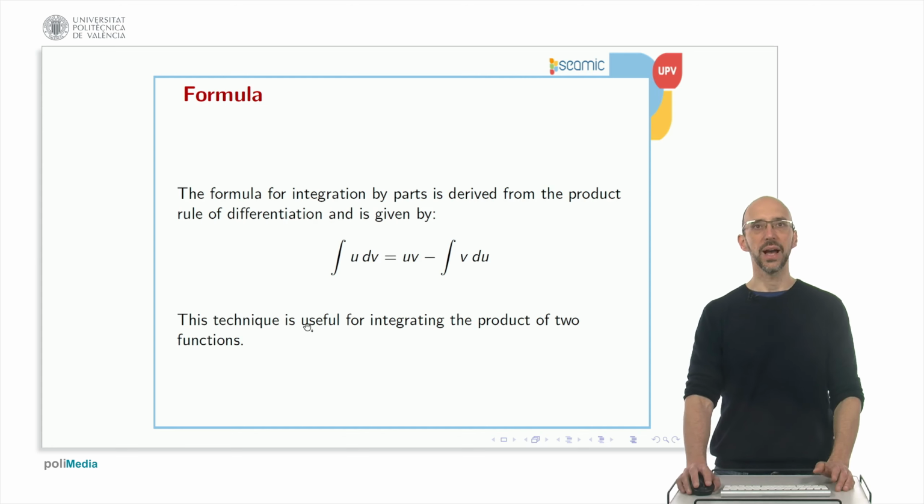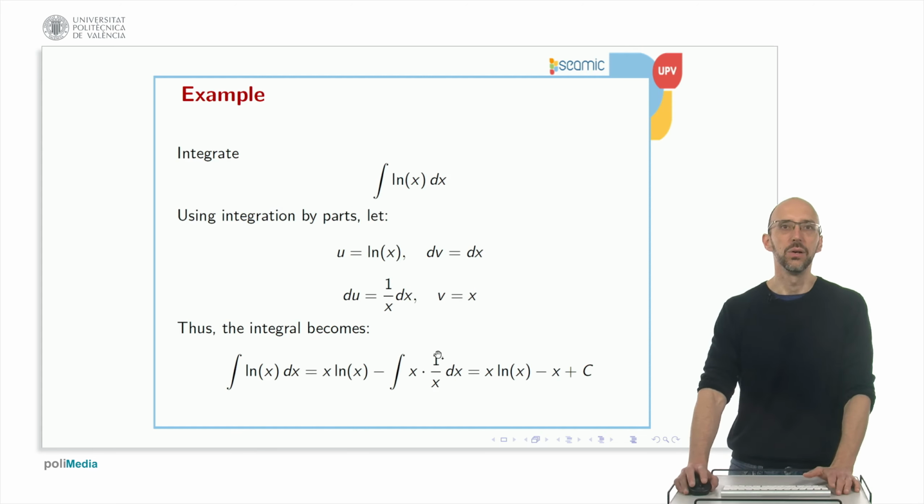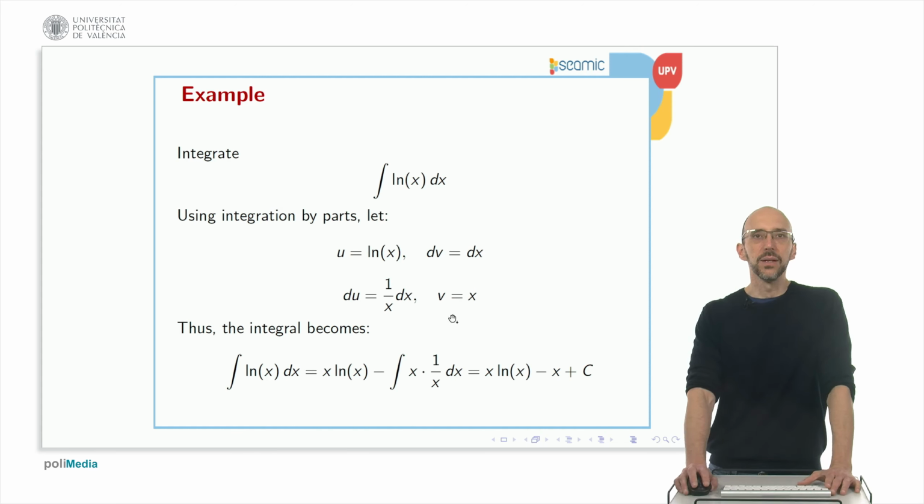Now that I know what u is, what v is, and what differential of u is, I only need to replace. So this is u times v, x times logarithm of x, that is what I just wrote here. Minus the integral of v, x, times differential of u, 1 over x.